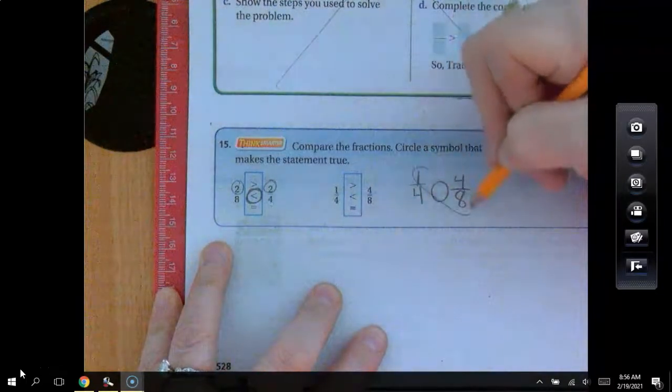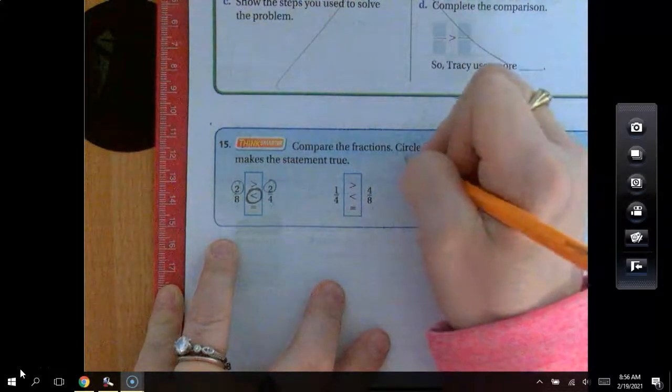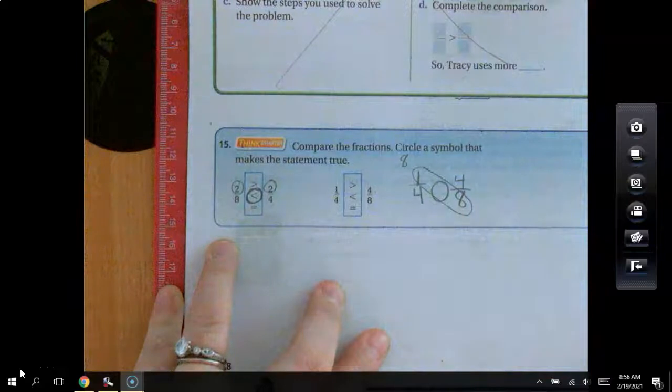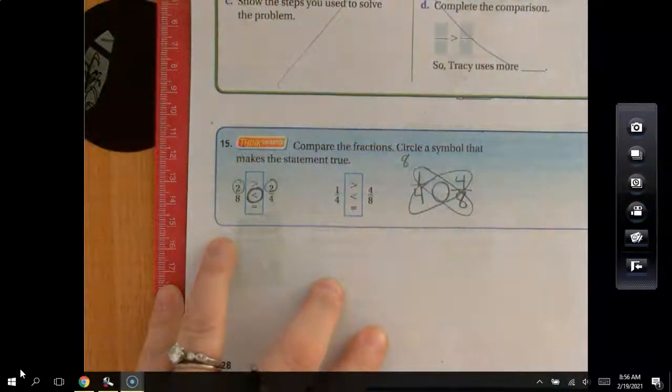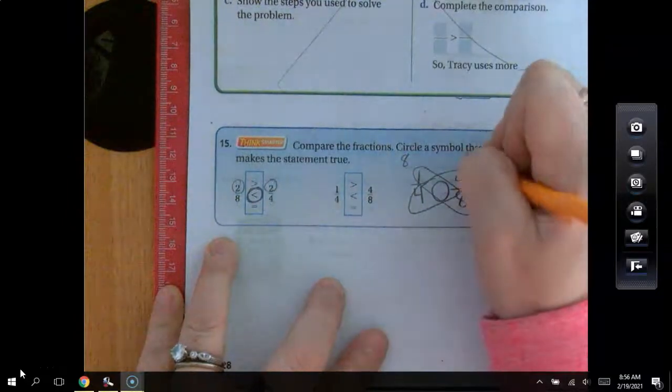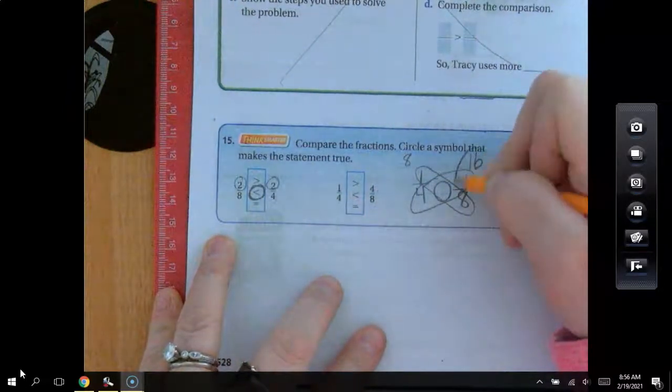So over here, what is 1 times 8? 1 times 8 is 8, good. And here I have 4 times 4. What is 4 times 4? 16. Okay, so which one is bigger, 8 or 16? Yeah, 16.